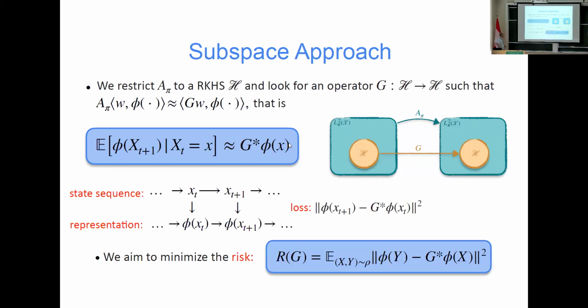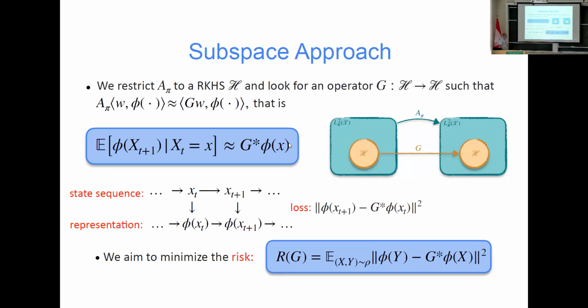Okay, so if we have a data sequence, a trajectory, let's say, of points, then the idea is to embed the state in the Hilbert space, and then this will be our loss function. Looking at this equation, we try to mimic it. We try to predict the next embedding as a linear operator of the current embedding of the state.